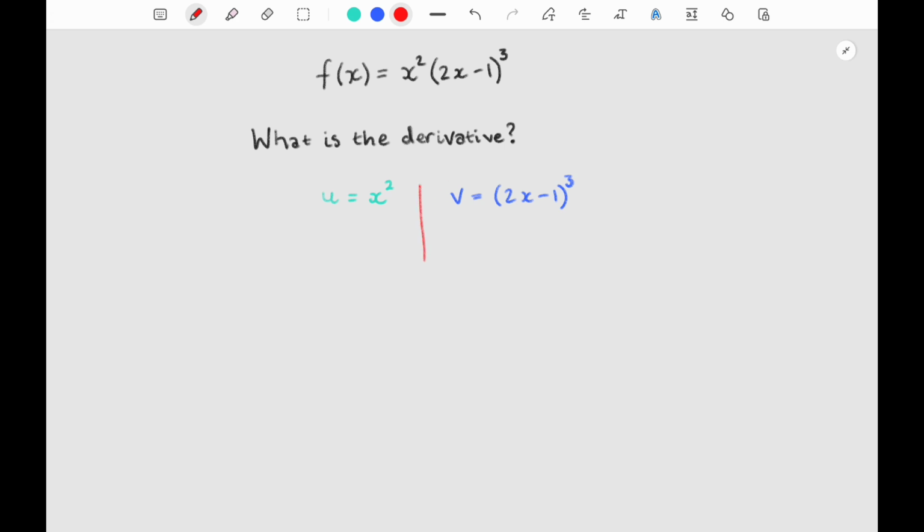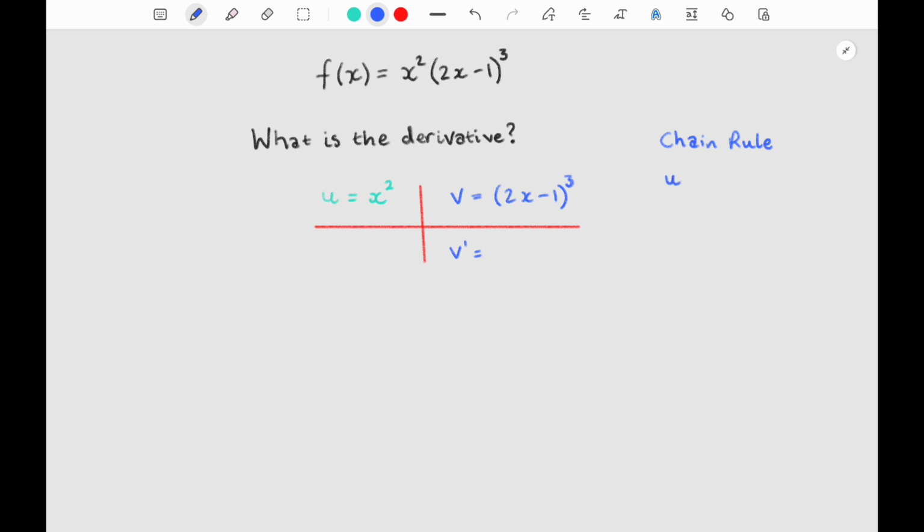So I'm going to start using a table to organize where I'm going with this. Let's start with finding the derivative of v. In order to do that, we're going to need to use the chain rule. The chain rule is used here because we have a function inside a function. The 2x minus 1 is the function on the inside. And we'll just work off to the right here in order to give us some space.